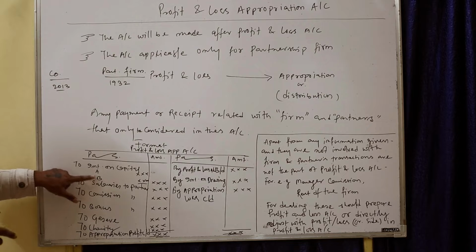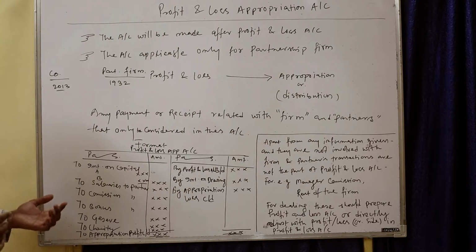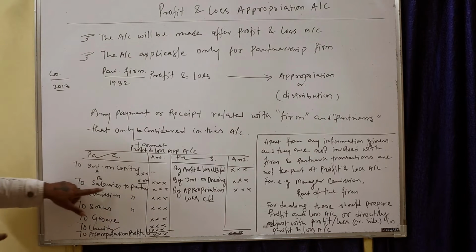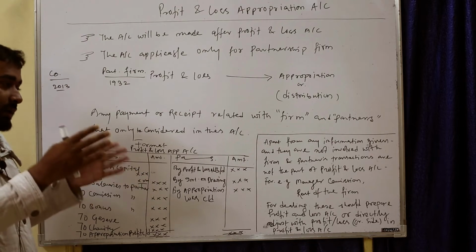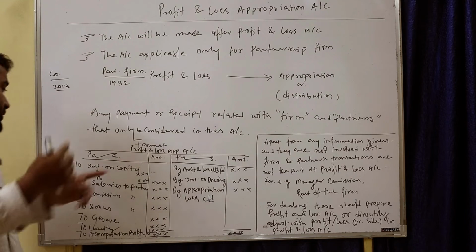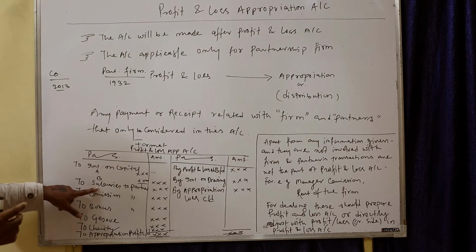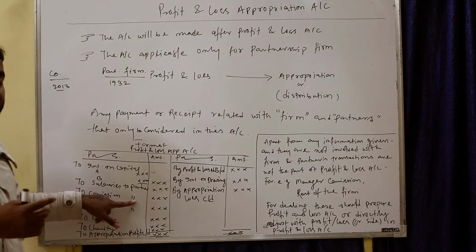Thinking of two partners, A and B, both get interest on capital from the firm. Next is salary to the partners. Again, if the partners do work, the firm says yes, I will pay you salary, so the partners are also eligible to get a salary. Next, commission to the partners.